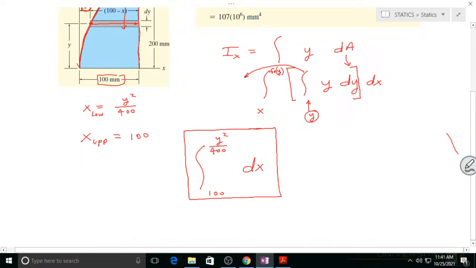In other words, I have to rewrite it. I'll put a block here.